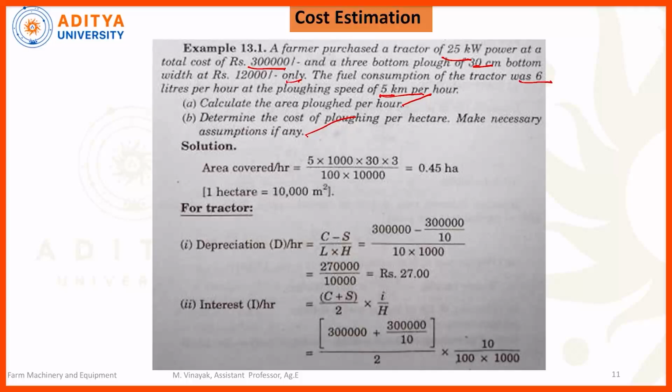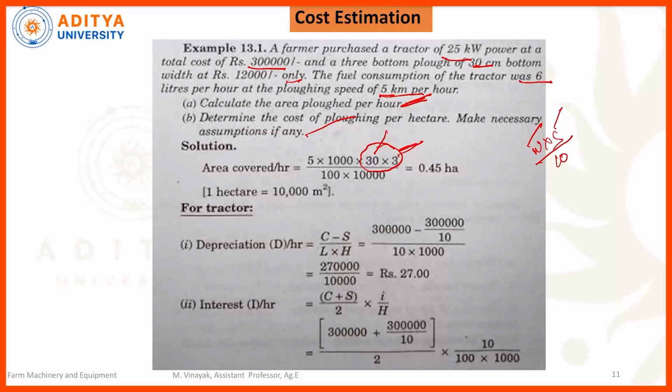Here we need to calculate the field capacity, that is hectare per hour. We already know the formula for field capacity: W into S by 10. This one is the width of the implement, this one is the speed. By the conversion of width, here they have given 30 into 3. 30 is the spacing between the two plows and 3 is for the 3 bottom plow.